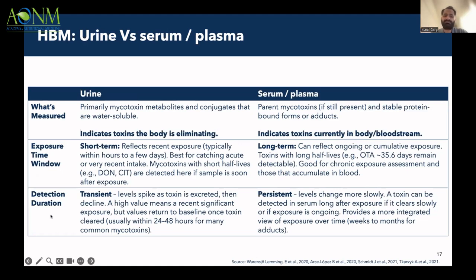And this is also from the levels. A urine test for mycotoxins would traditionally be positive because you're essentially measuring the detoxification, which is measured anywhere between 24 hours to 48 hours. Whereas if you see it in serum, then it is usually when the levels of mycotoxins are changing very slowly.